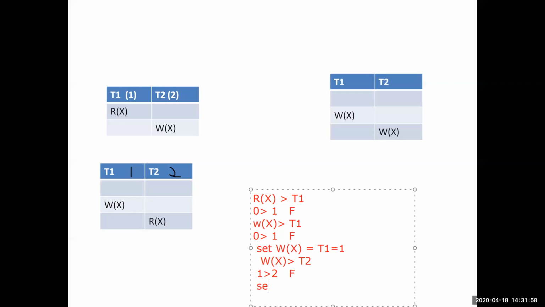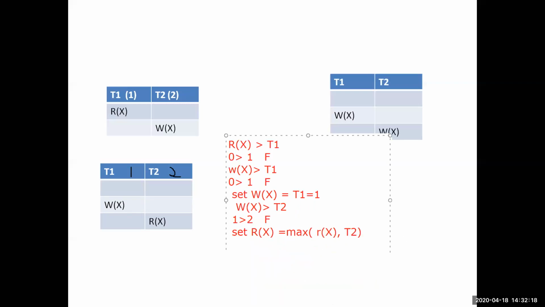So read says set read timestamp of X as the maximum of R of X comma that transaction's timestamp.